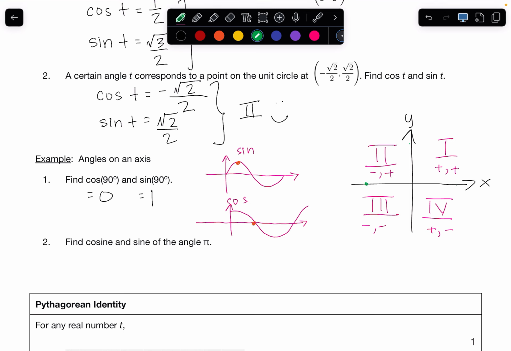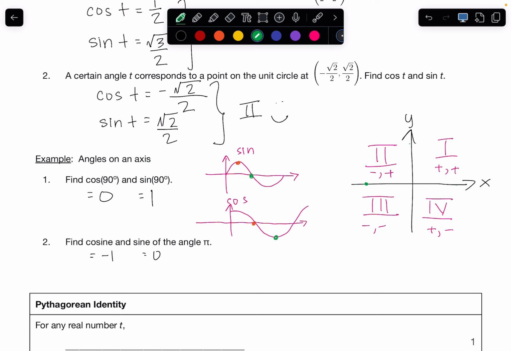Raise your hand if you can give me the coordinates for x and y at that point. Cecil. Very good. Cosine is -1, sine is 0. For that point, sine is here, cos is here. Good.